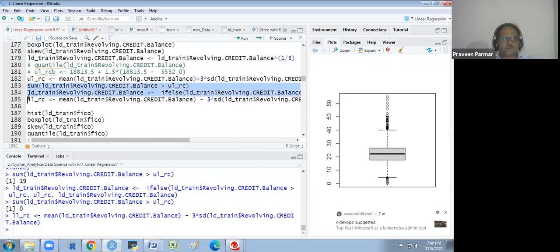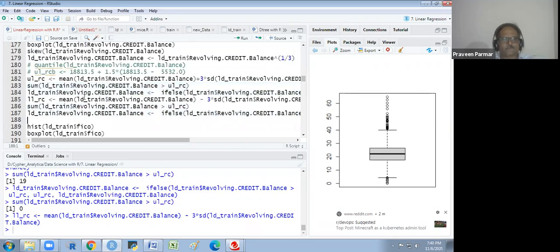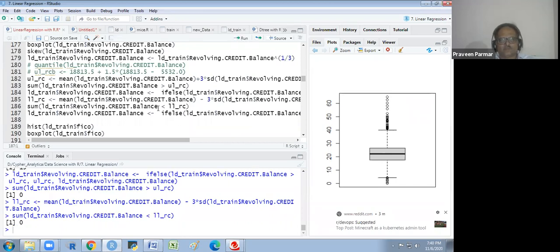And I copy up to here and paste it here. And what I do, I will take the LLRC, how many are smaller than it. And I see there is nothing. So I don't need to do this. I have no requirement of this. So I just comment it.